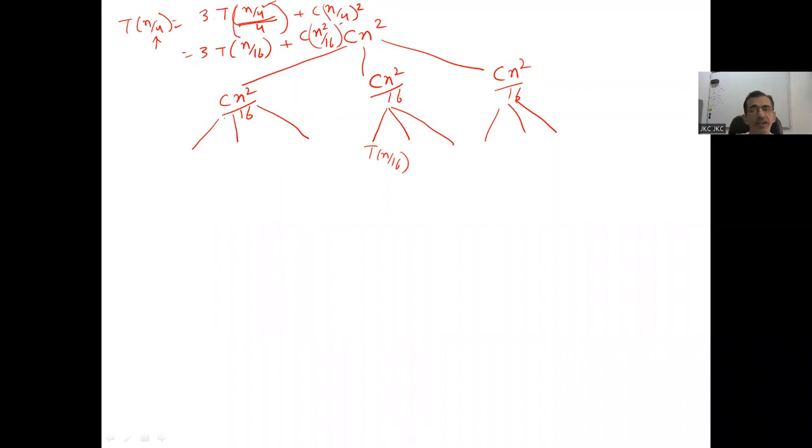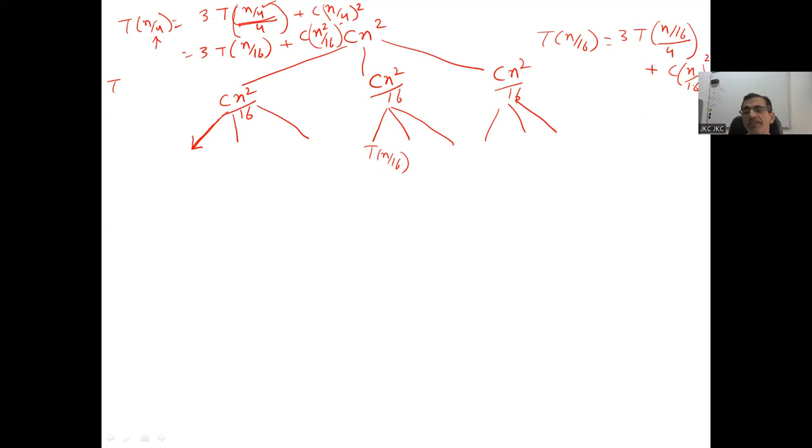So let me calculate T(n/16). T(n/16) is nothing but 3T((n/16) divided by 4), plus we had Cn square, so C(n/16) square.